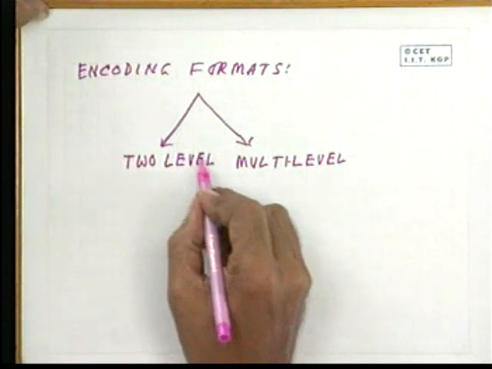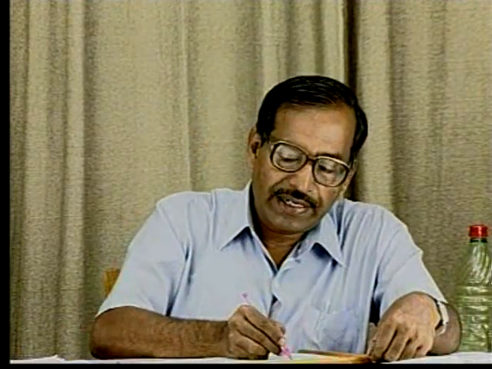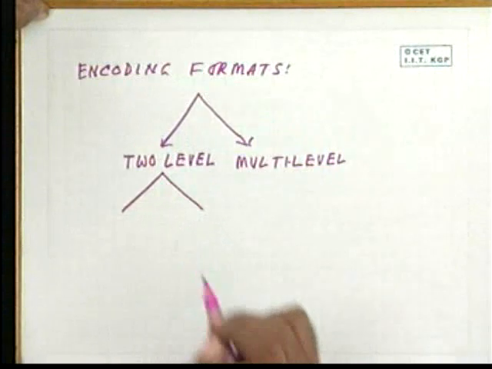You can have two level because it is binary. It is also possible to represent using multiple levels. We shall see later how the signal can be represented using three levels. And again, in two levels, there are two possibilities.